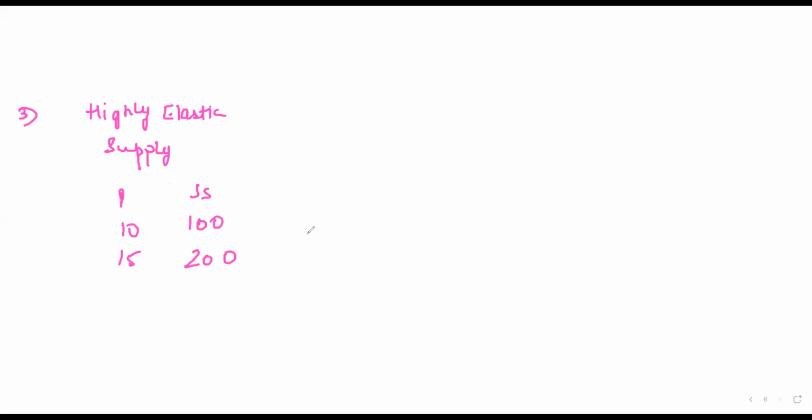Now we're going to start with the third type of elasticity, and that is known as highly elastic. Okay, we're going to take up this case of highly elastic supply, or you can say relatively elastic supply. Now, in this case, the price rises, let us say from 10 to 15, and the supply rises from 100 to 200. Okay.